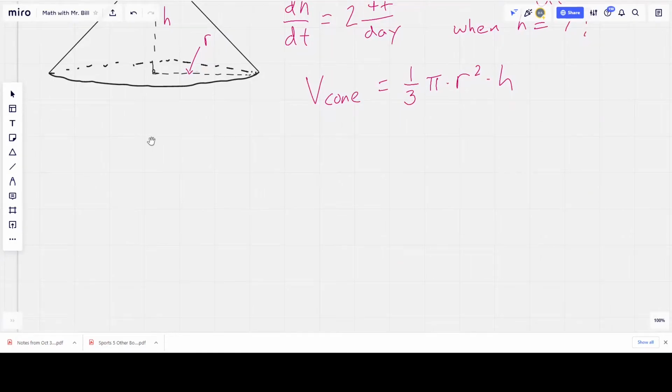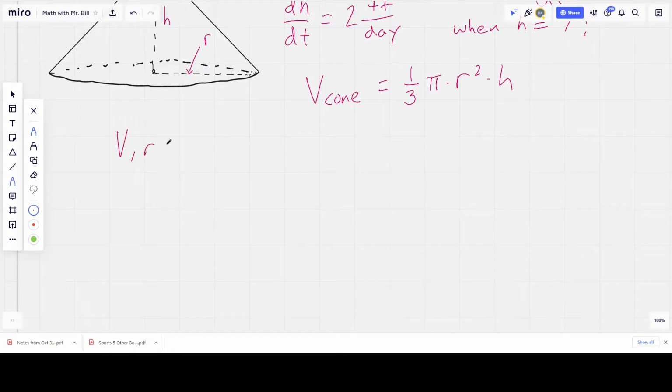So when you look at this problem, you notice that we've got 3 different variables. We've got our volume, we've got our radius, and we've got our height. As the volume changes, what else is changing? Are both the radius and the height changing? Well, the problem says so. It says that both the radius and the height are changing as the volume is changing. So that means that each one of these variables changes with respect to time.